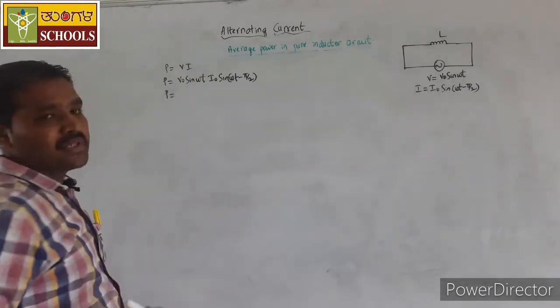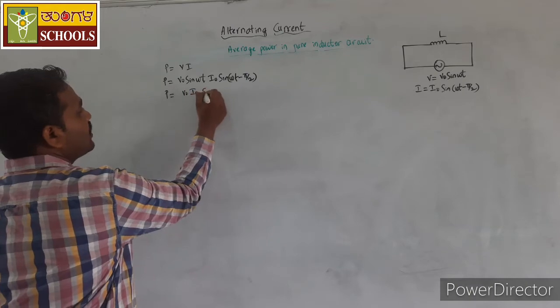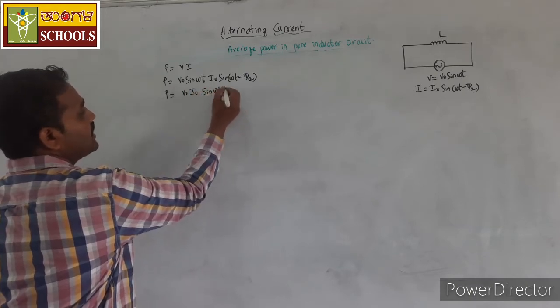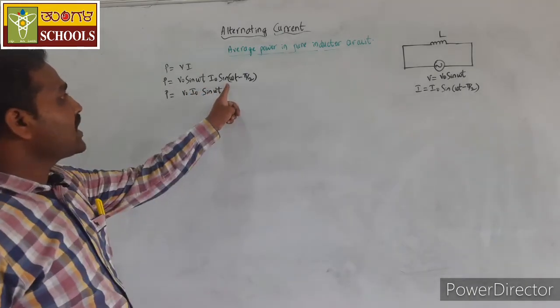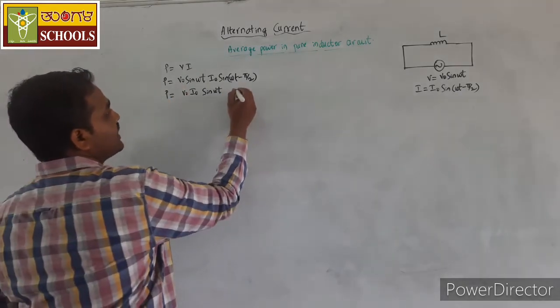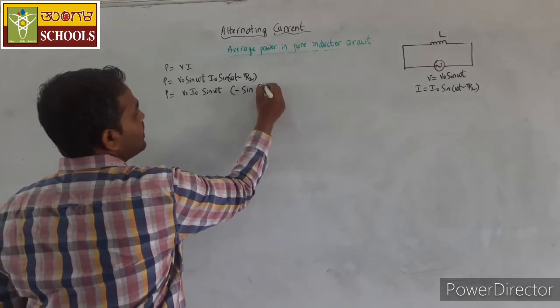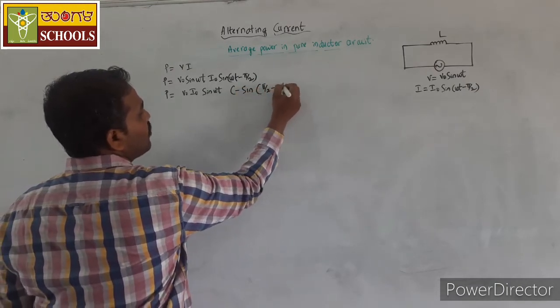I can write P is equal to V naught into I naught sin omega t, and this sin(omega t minus pi by 2) I can write as minus sin(pi by 2 minus omega t).